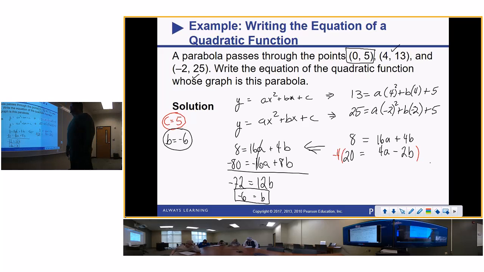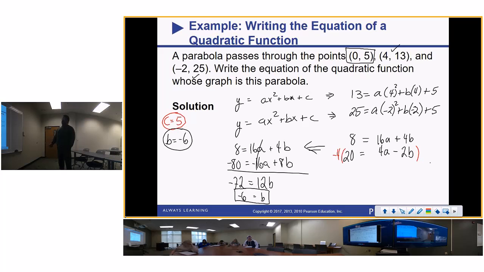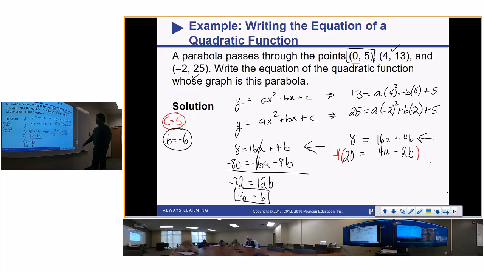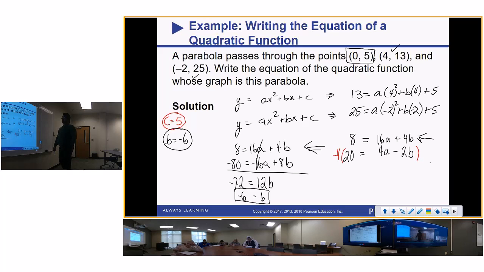Now, what do you think I can do now that I have negative 6? I can take negative 6 and plug it back into this one right here, right? Or I can plug it into the other one. So I'm going to plug it back into this one.